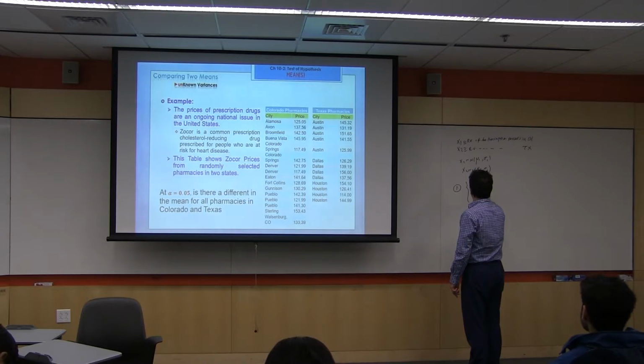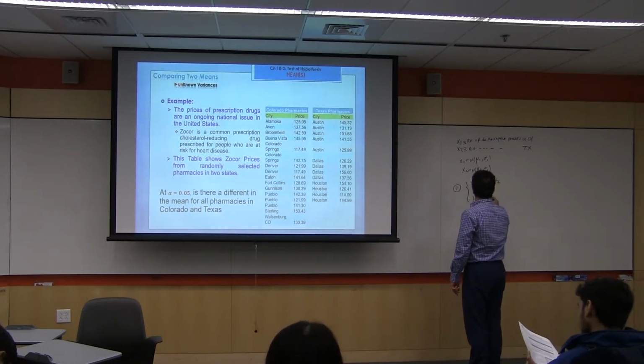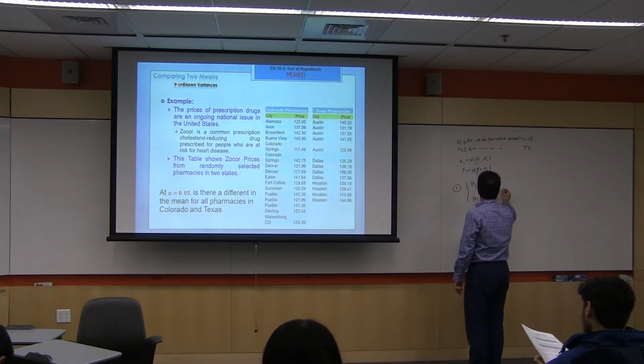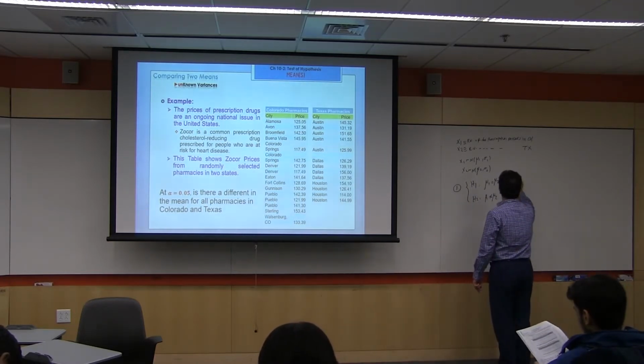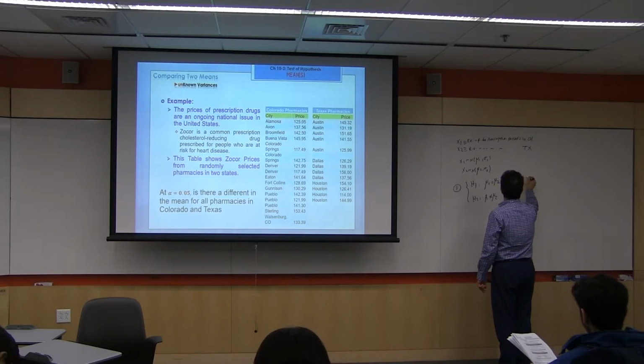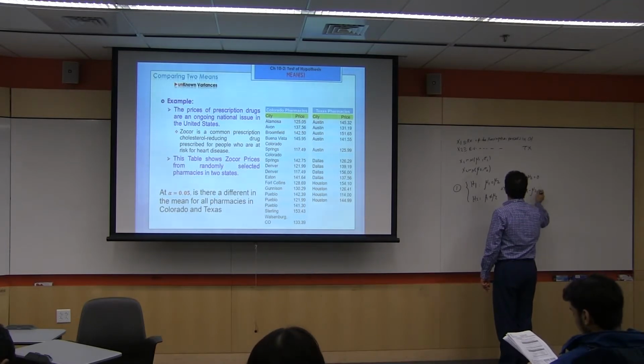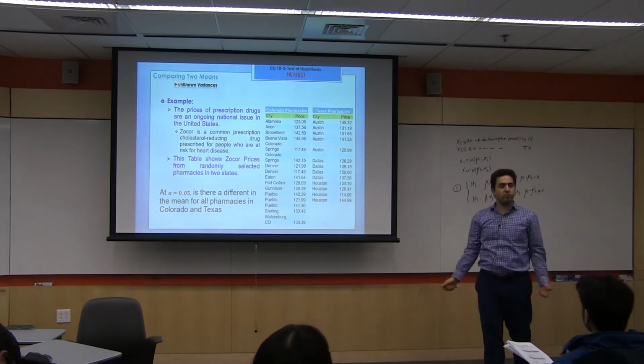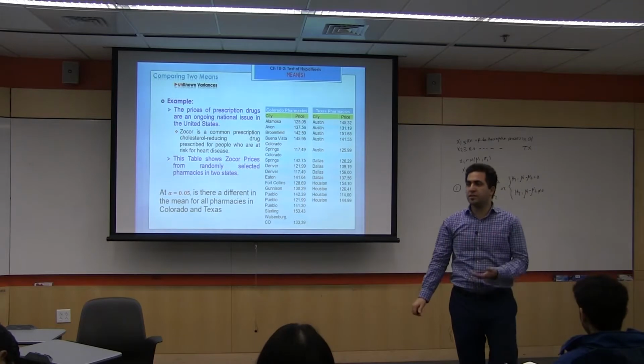Why two-tailed? Because it is written, is there a difference in the mean for all? So it should be equal. I'm just testing this difference.